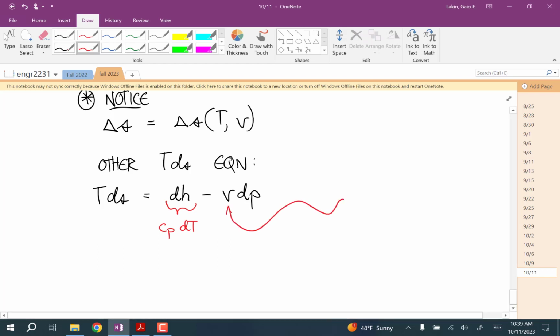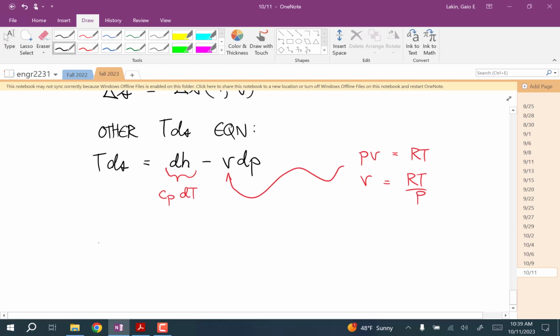And this v, since Pv is equal to RT, we can write v as RT over P. So TdS is equal to Cp dT minus RT over P dP.